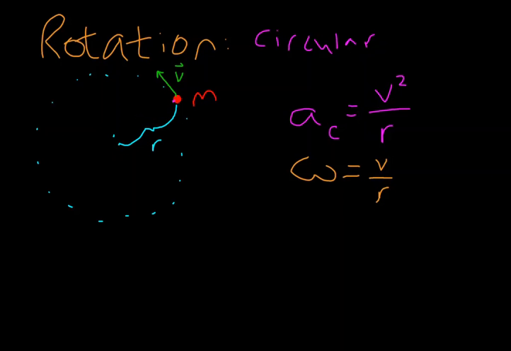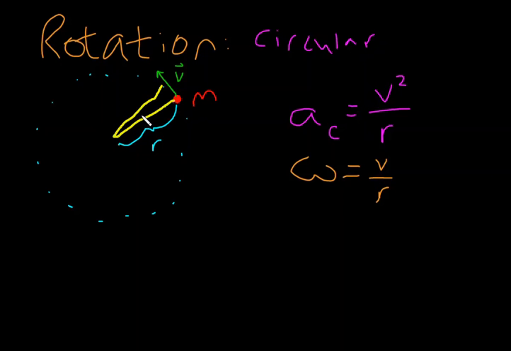Cool. So this thing is not just going to move a distance, right? It's going to move around the arc of the circle. So it starts here, and then it's going to move to like here. Sorry, that should be a straight line.